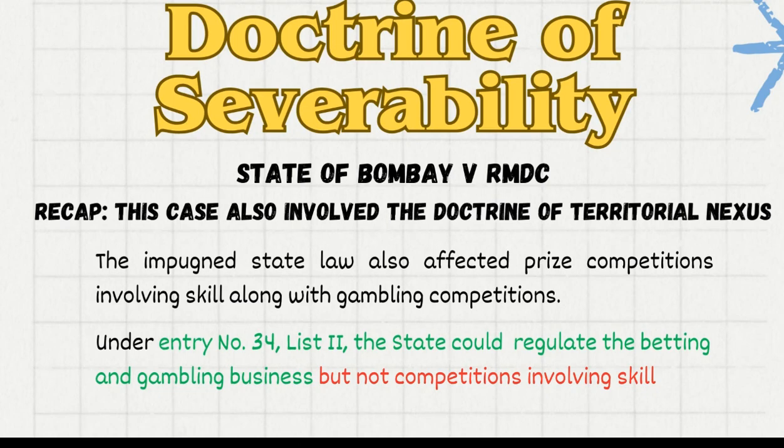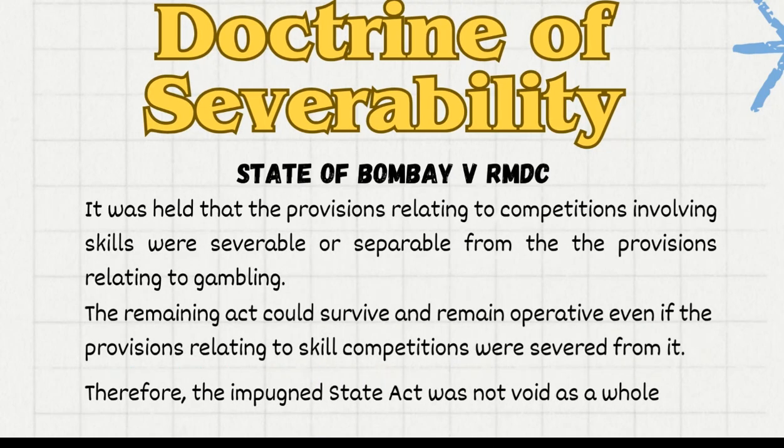Getting back to the case of RMDC, please note that the state law under challenge was applicable to both gambling competitions and competitions involving skill. So what happened in this case? What was the result? It was held that the state could legislate with respect to gambling and betting, but not other competitions involving skill.